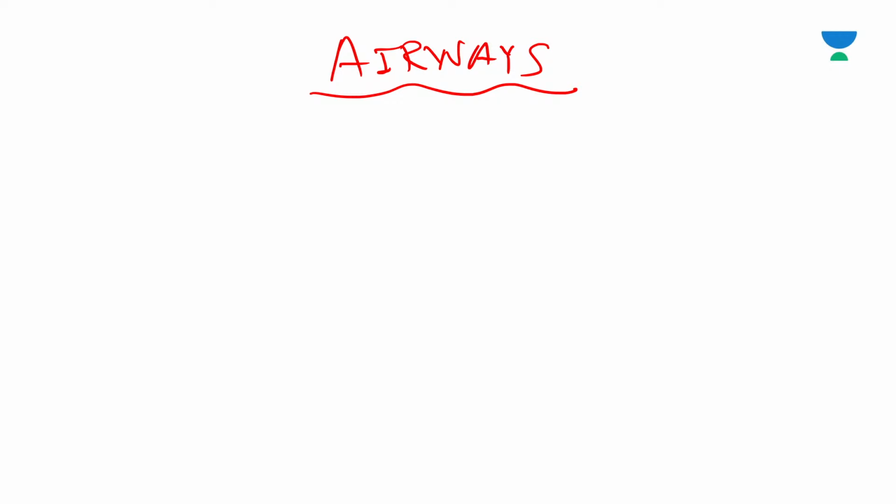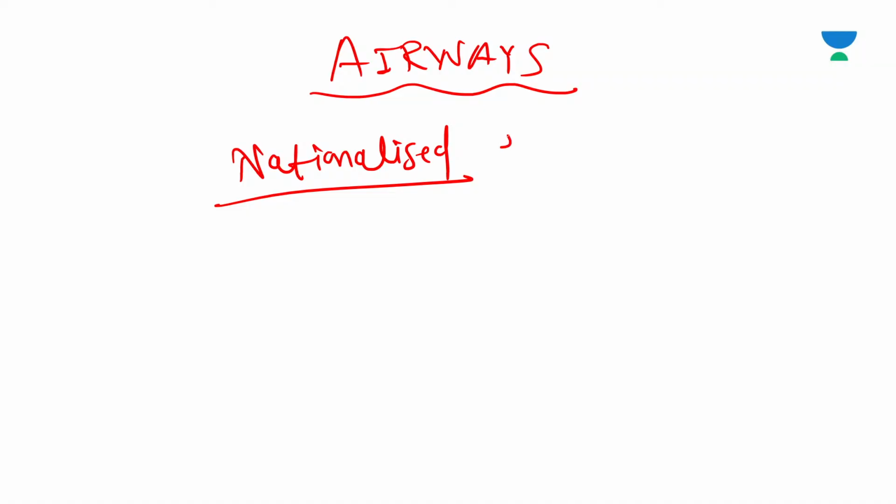So the air transport was nationalized in 1953. So Air India provides domestic and international air services. Then Pawan Hans Helicopters Limited provides helicopter services to Oil and Natural Gas Corporation in its offshore operations, to inaccessible areas and difficult terrains like the northeastern states and interior parts of Jammu and Kashmir, Himachal Pradesh, and Uttarakhand.